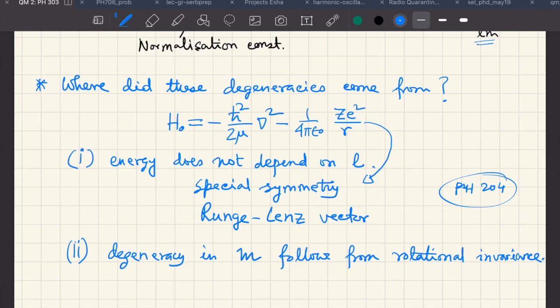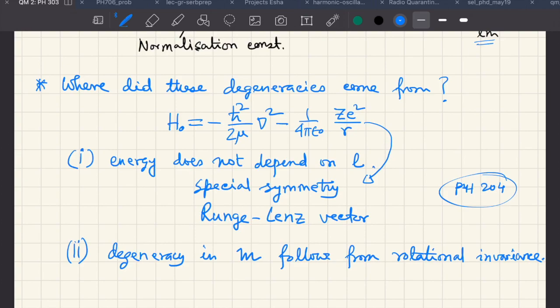The hydrogen atom has rotational symmetry, and therefore your angular momentum is conserved. So until and unless you do something which breaks this underlying rotational symmetry, that degeneracy in m is not going to be lifted.